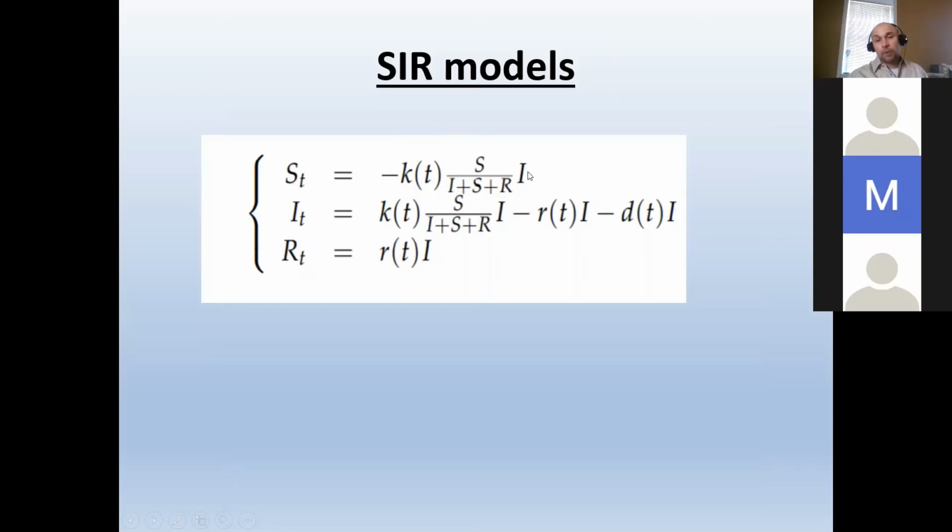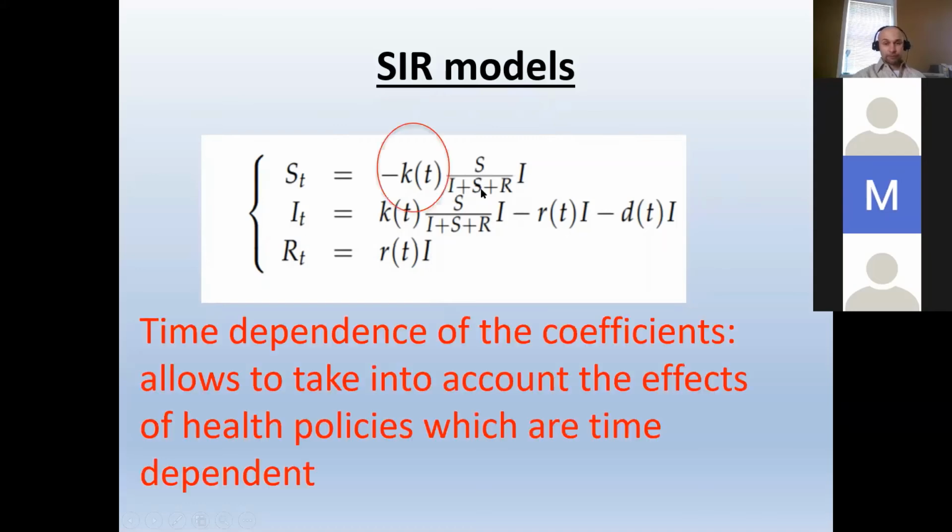So people vaccinated go directly from S to R, for example. We will see that allowing K, R, and D to depend on time is very useful for applications. All right, I already said that.